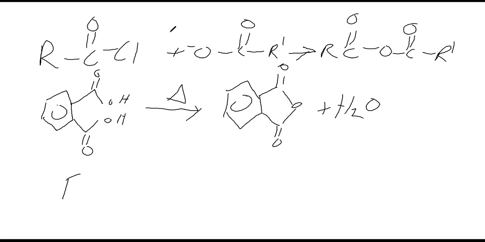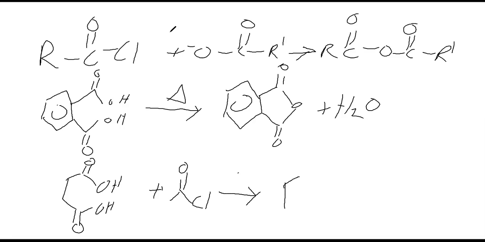This guy needs a little bit of help, but with a mix-in of ethanoyl chloride, I can dehydroxylate that with ethanoyl chloride and kick that out to form our 5-membered cyclic anhydride.